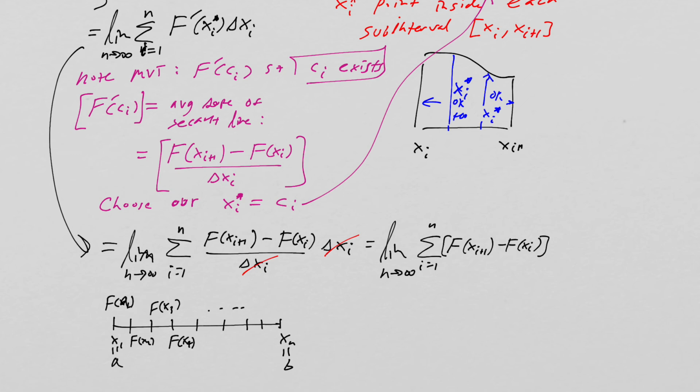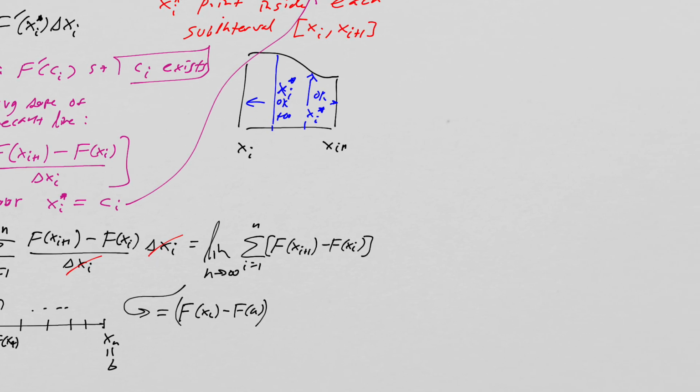And what we're going to get out of this is, so I'm going to actually write down one of the first terms. We're going to have f of x2 minus f of a. That'll be the first term. And the second term is going to be f of x3 minus f of x2.